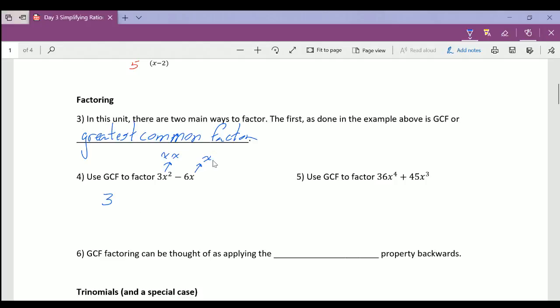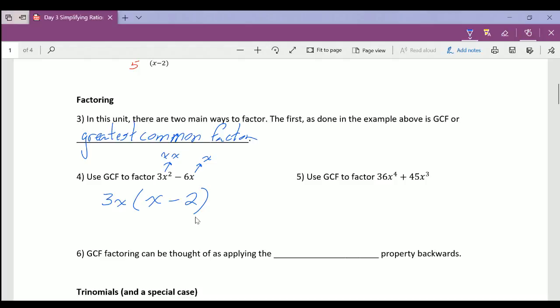All right, you can't pull two x's out of here because there's only the 1x. So 3x is going to be our common factor. All right, 3 divided by 3 is 1, x squared divided by x is simply x. Keep that minus there. 6 divided by 3 is 2. And x divided by x, it just goes away. So there we go. 3x times the quantity x minus 2.